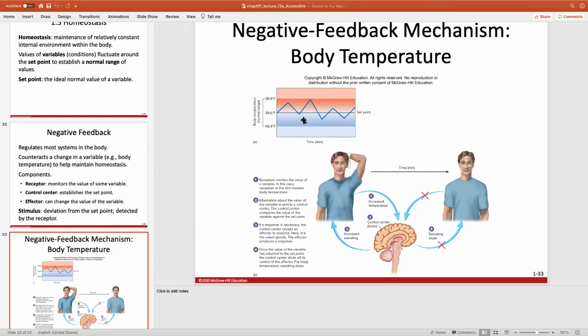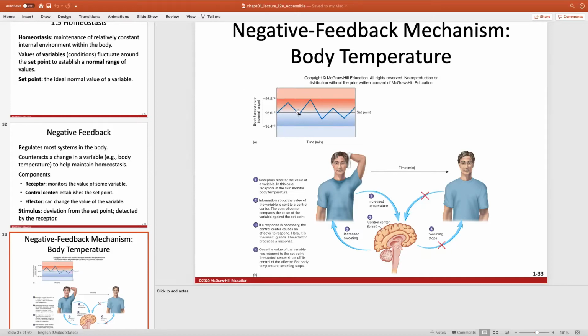As we cool down too much, we start to move back up, the sweating stops, and we come back upwards. When we take the highs and the lows and take the average, the average will be at 98.6.